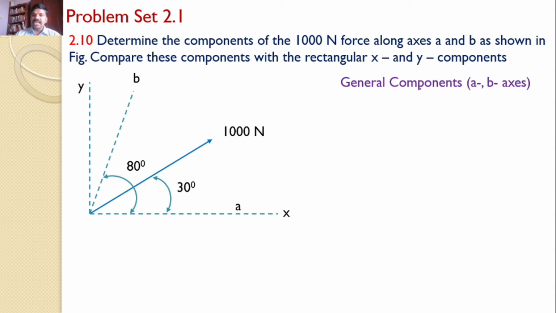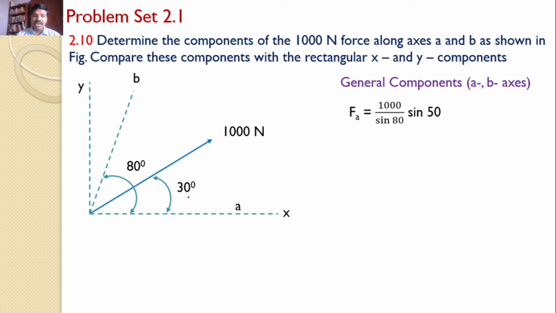First I am going with the general components. That means I am resolving this 1000 newton force along the A axis and along the B axis. Since these are general components, I am using this formula.